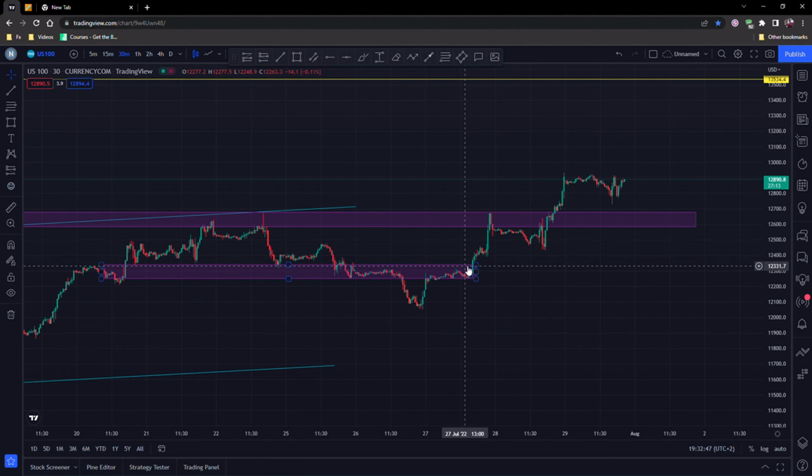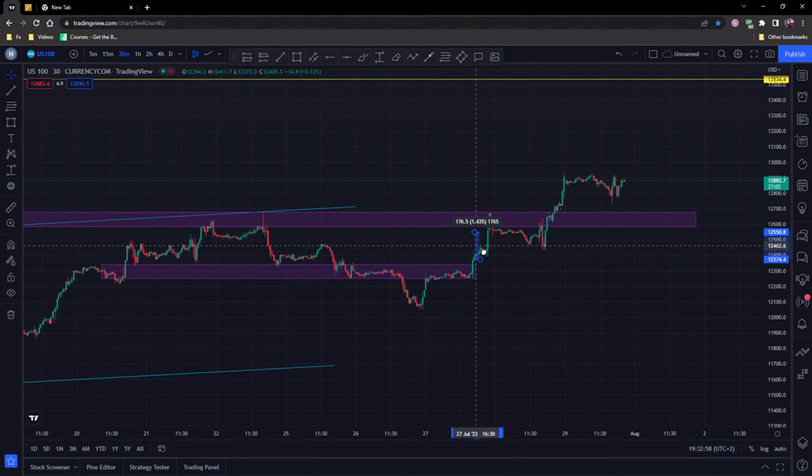After consolidating, you could have taken your entry right there to close above, and then looking at this gap right here, you could have headed to take profit. Then it came back to that resistance area and failed to break above it.